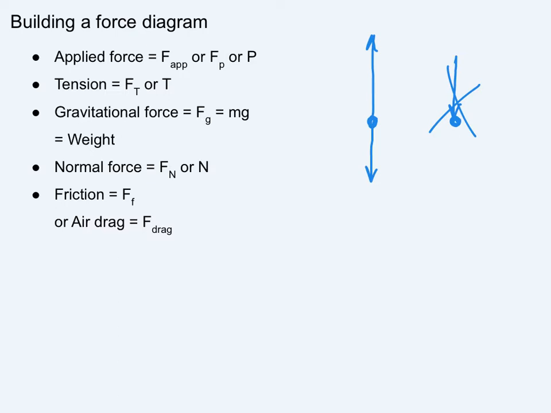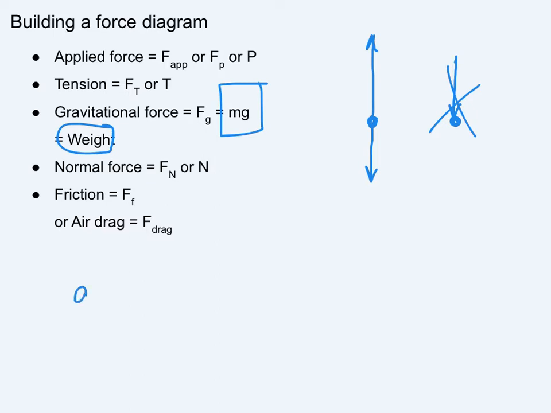That's your tension force. The gravitational force is also known as weight. Make sure that you recognize that within your problem solving. And again, you can just label that F sub g for gravity, but I tend to label that force mg right away because I almost always have to calculate that.